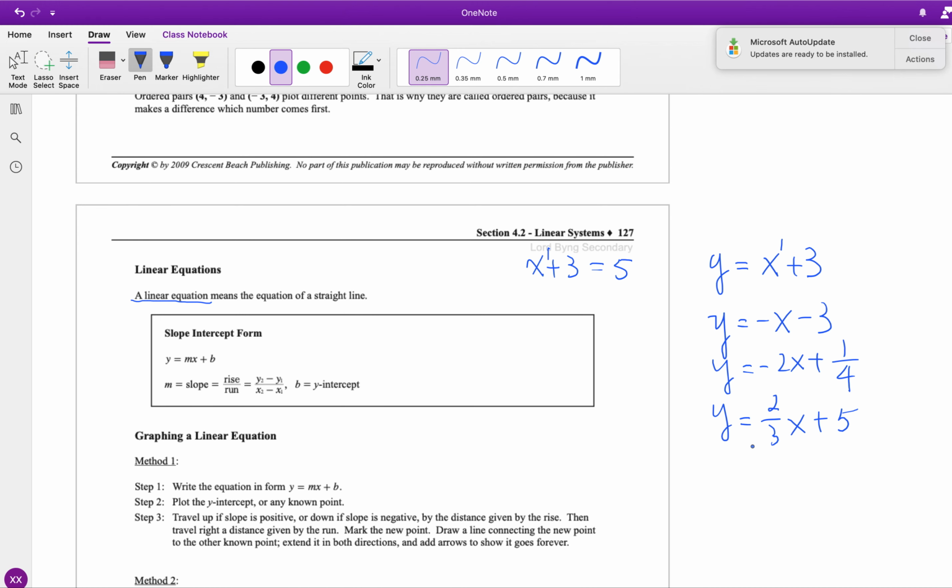So if we generalize them, there's a coefficient of -1, a coefficient of -2, a coefficient of 2 over 3 for the x value. So we can just say y equals m, where m can be any number, times x, and now plus 3, -3, plus 1 over 4, plus 5, and this can be considered as b. So the general form of a linear function is always like that.